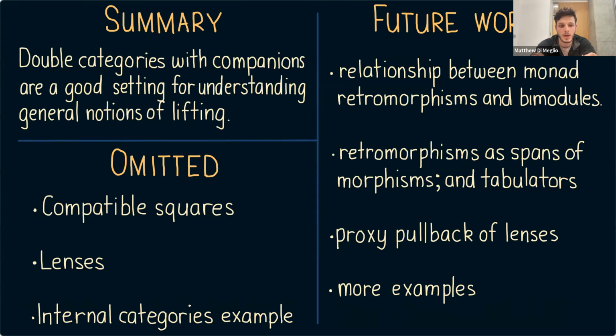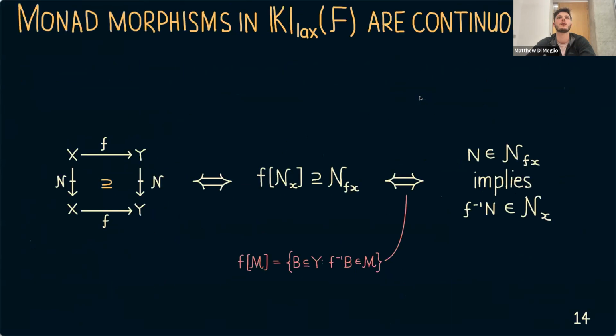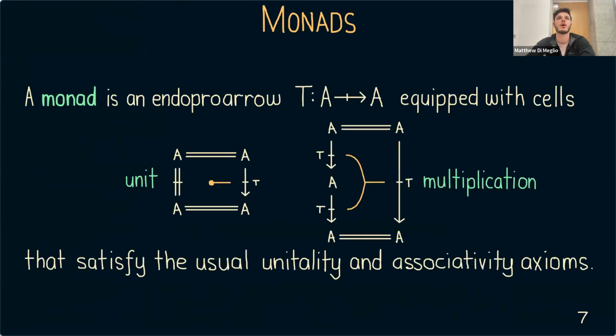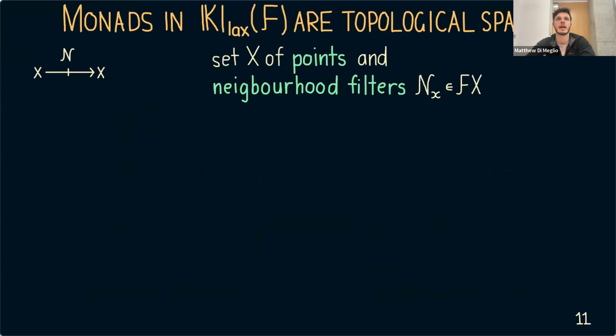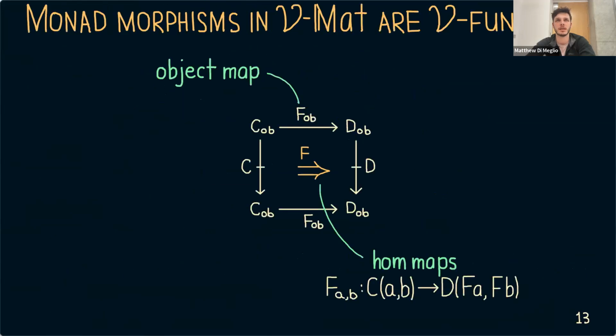Yes, great question. So I did actually mention this on the last slide, but I used the term bimodule rather than profunctor. In this picture of enriched categories that I was giving before, we've got monads in VMat of V categories, and then the monad morphisms in VMat of V functors. So you can also define what a bimodule is: if you've got a pair of monads, a bimodule is a certain cell satisfying certain conditions.